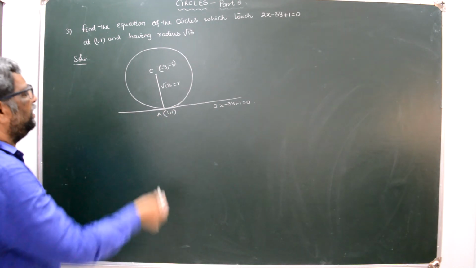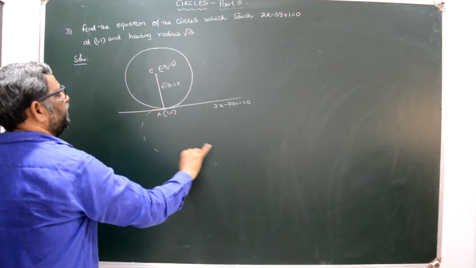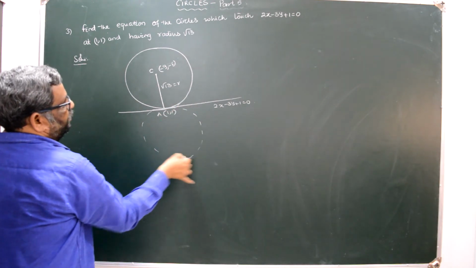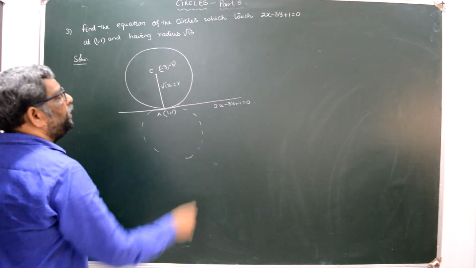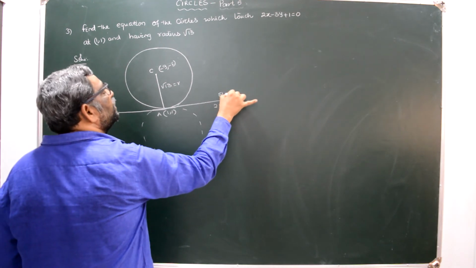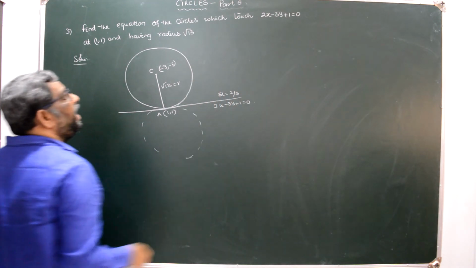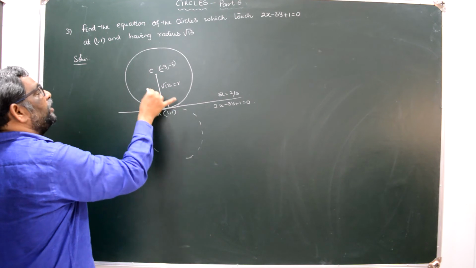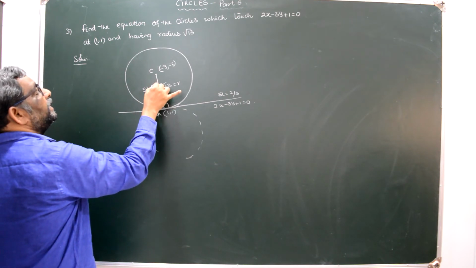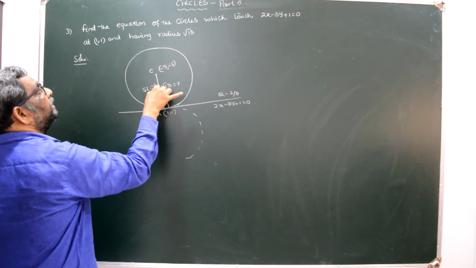Now, see, as I said in the previous method, there definitely exists one more circle. Now the slope of this line is 2 by 3. It being perpendicular to it, slope of this is minus 3 by 2.